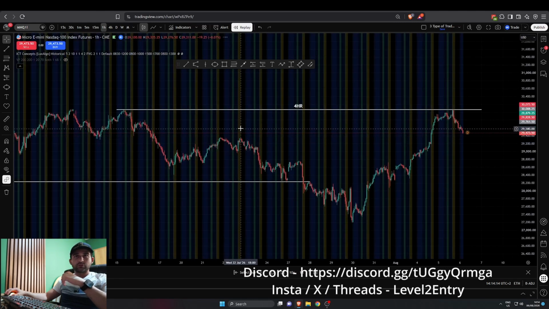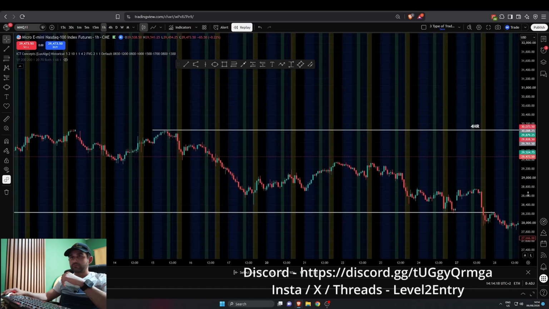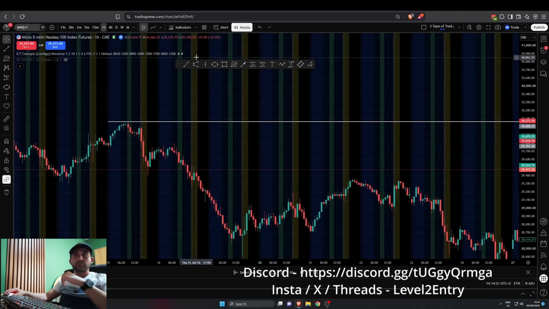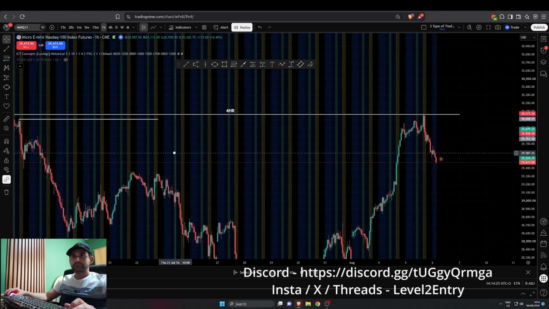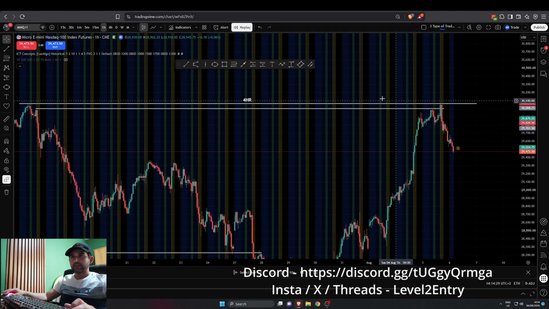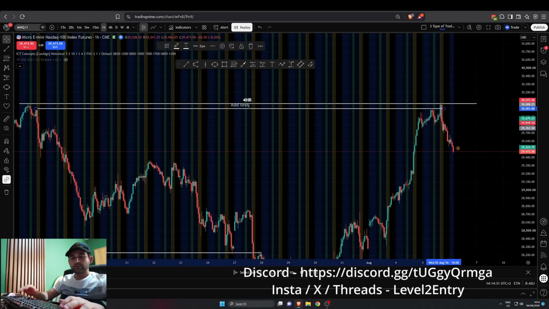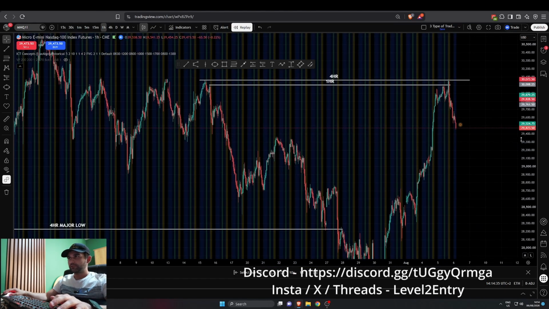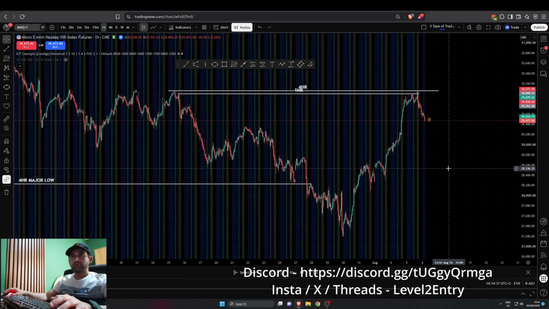The nearest liquidity point was this one here. I will name it 1 hour, and I shall explain what happens when you have two liquidity points next to each other.